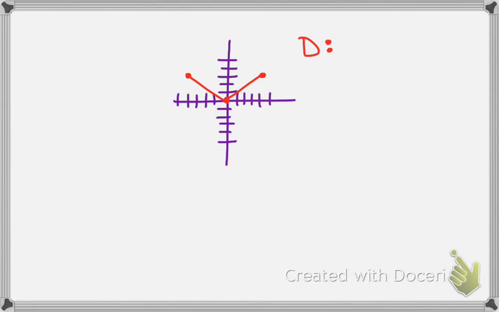Domain. Work left to right. What's the furthest left x value on my graph? Negative 4, right? What's my furthest right value on that graph for my x? 4. So right now, my x values are between negative 4 and 4.